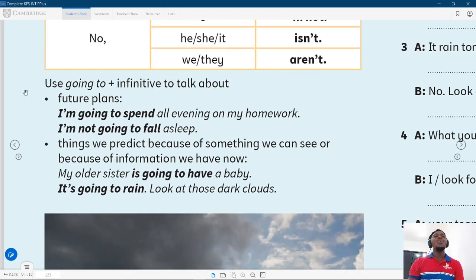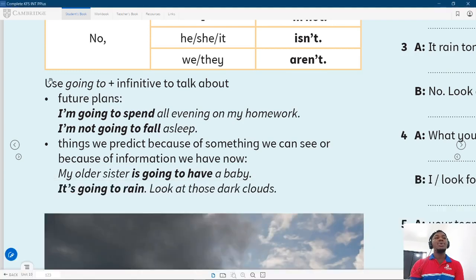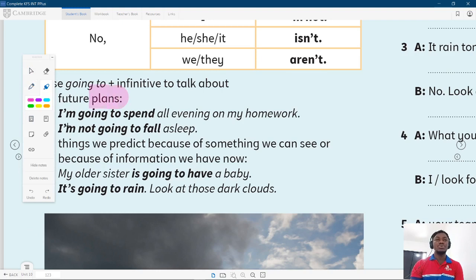Now, when do we use going to plus the infinitive form of the verb? We use it to talk about future plans. If I plan on doing something, I can use going to.